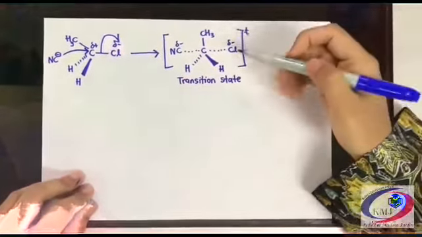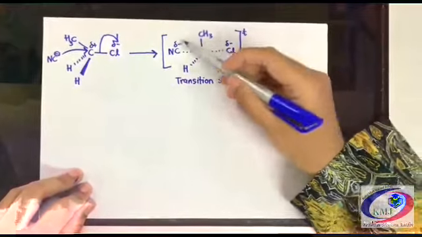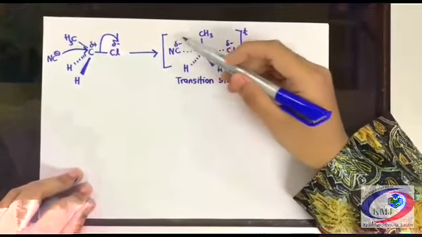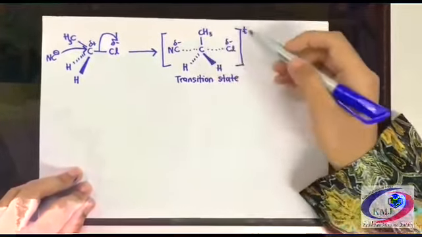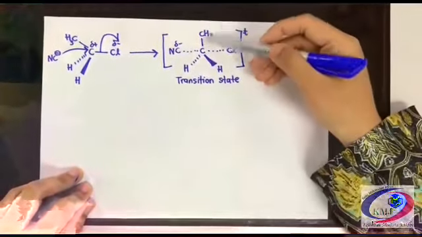There are two phenomena happening at once. First, the carbon will partially form a bond with CN, and at the same time, the carbon will partially break the bond with the Cl. The conformation of this structure is now trigonal planar.